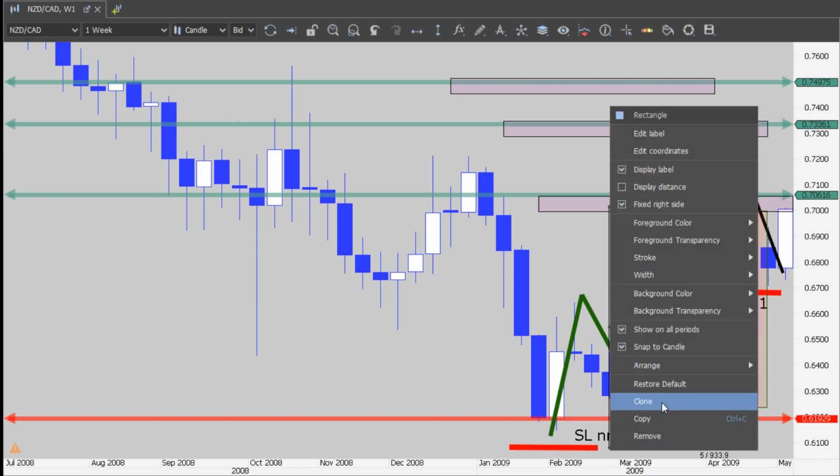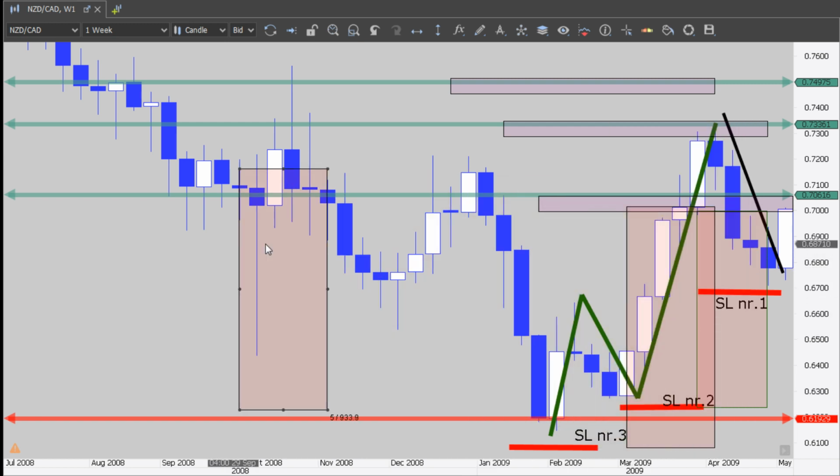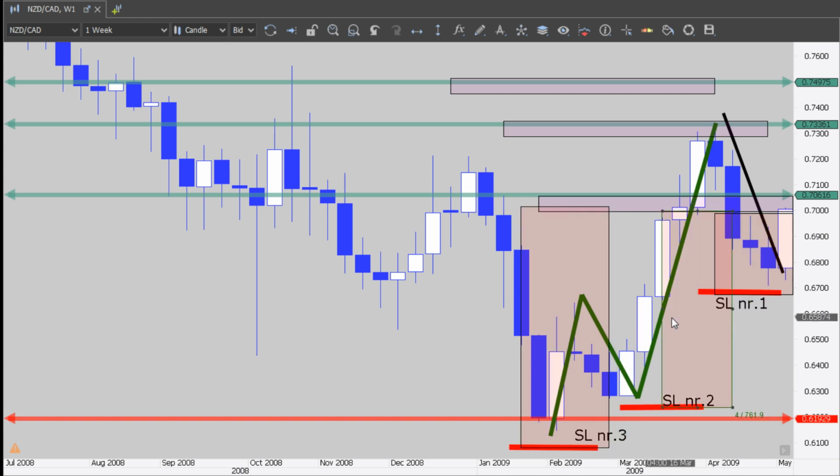Everybody, many times the lower time frame is not going to offer you a better risk reward, or at least you are going to have a better risk reward, but you are not going to have a signal.